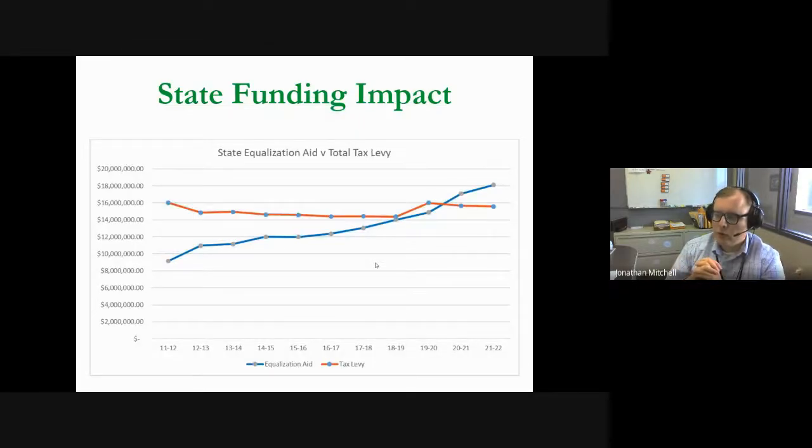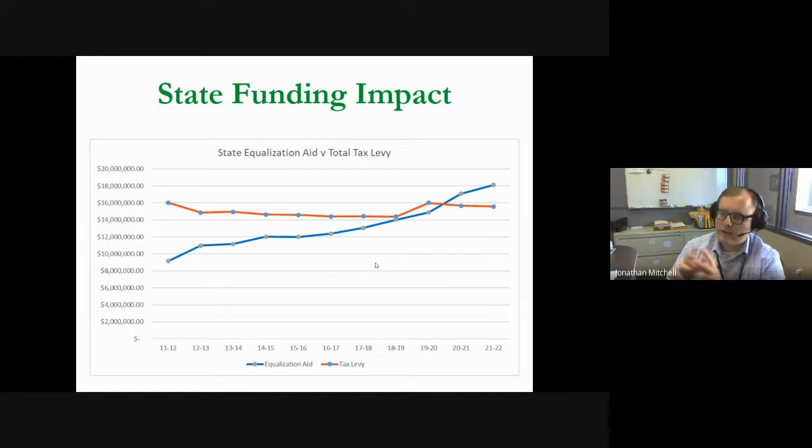So in the blue, we have a comparison here of revenue limit and total taxing authority. The blue represents the total equalization aid, and orange is the total tax levy.